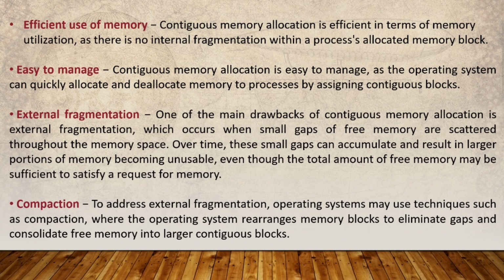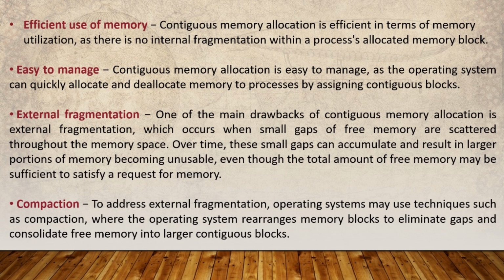Now, let's look at external fragmentation. One of the main drawbacks of contiguous memory allocation is external fragmentation, which occurs when small gaps of free memory are scattered throughout the memory space. Over time, these small gaps can accumulate and result in larger portions of memory becoming unusable, even though the total amount of free memory may be sufficient to satisfy a request for memory.